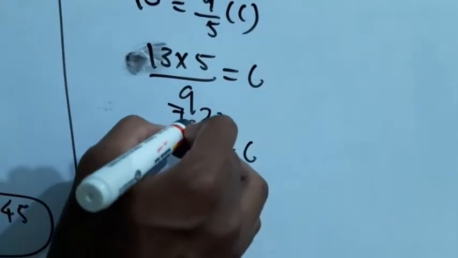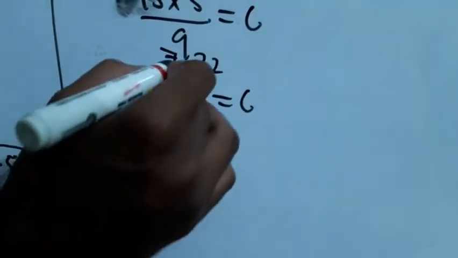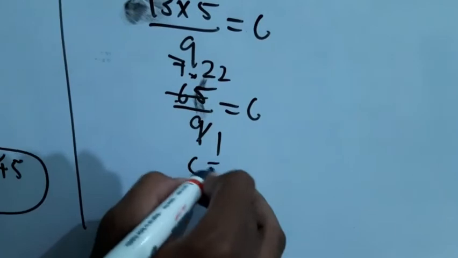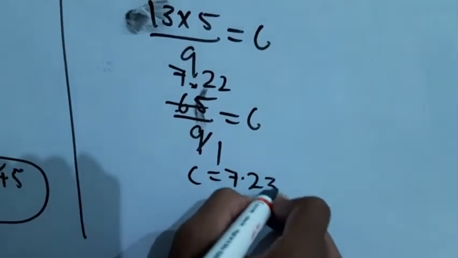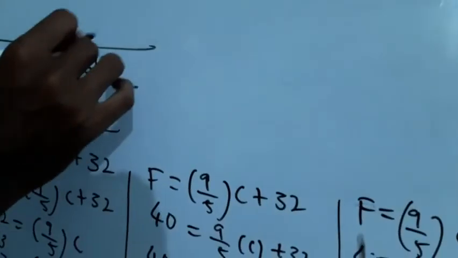Like this it is going to continue. It's never ending, it's a non-terminating decimal. So C is equal to 7.23 degree centigrade.